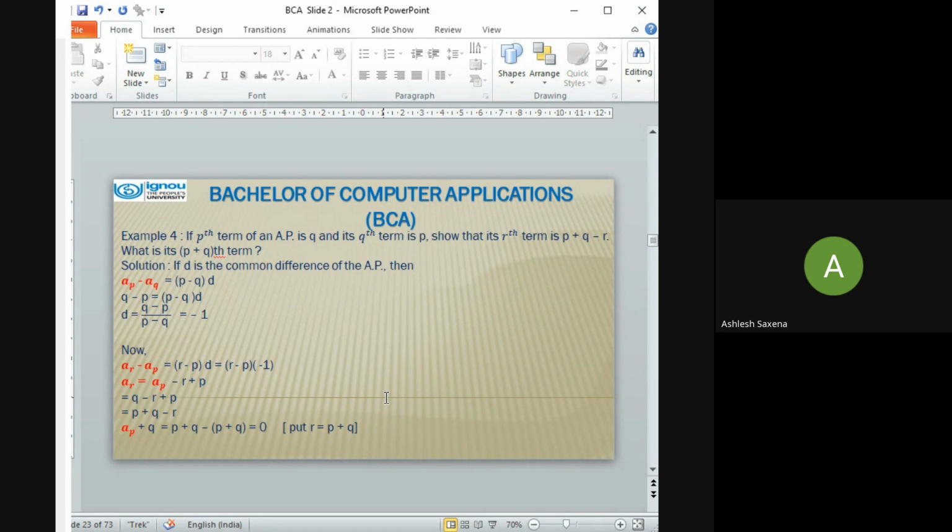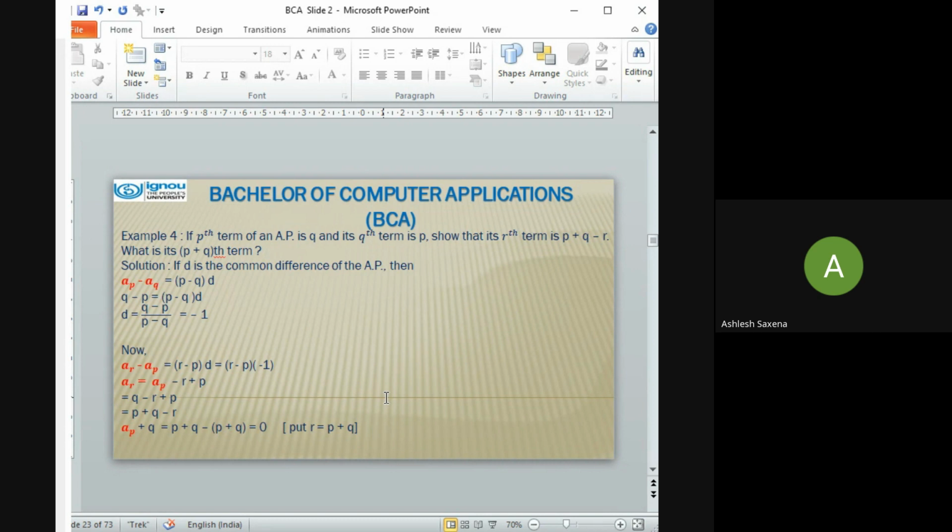From this you can find the value of D, which is equal to minus 1. Correct? Replace it with AR. AR minus AP is equal to, replace the value of D by minus 1. You will get, after simplification, Q minus R plus P, which reshuffled is P plus Q minus R.